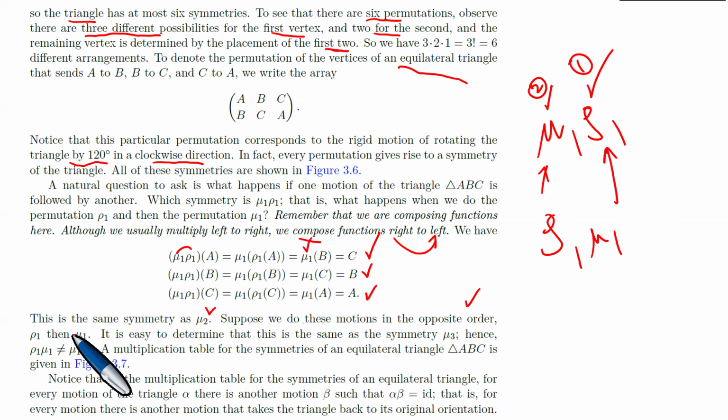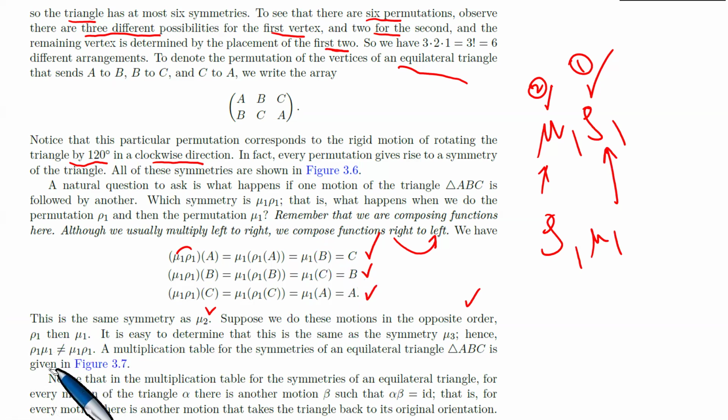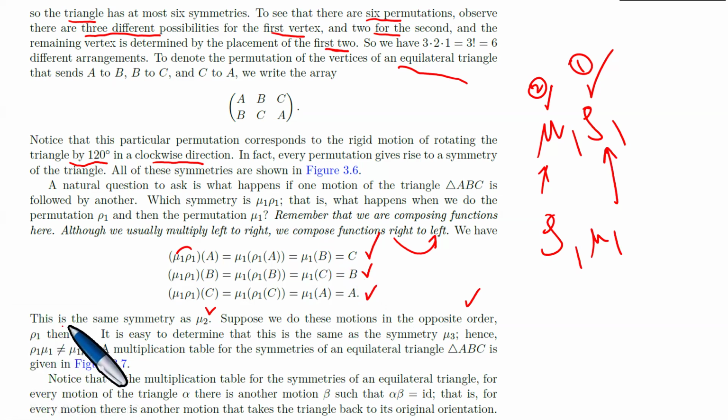Obviously it produced mu1, but I want to mention something here. It produced mu1, and then it produced C. And the author of the book was quick to say, this is the same symmetry as mu2.